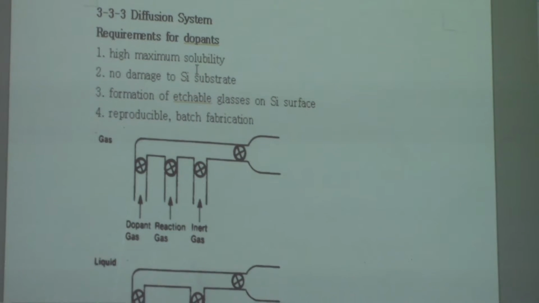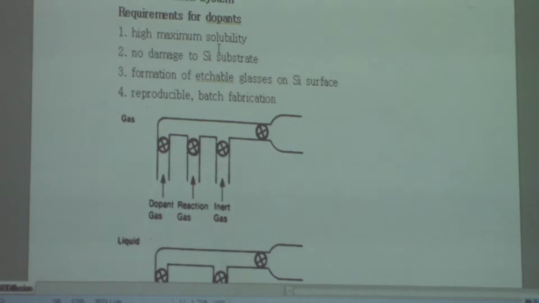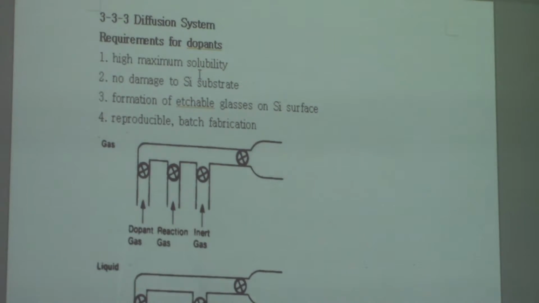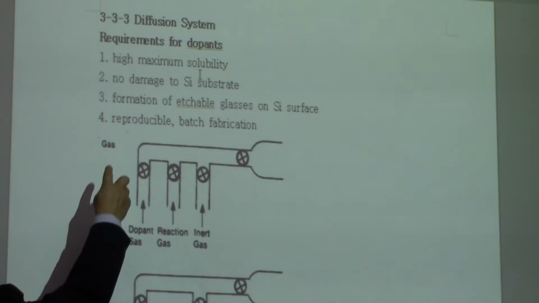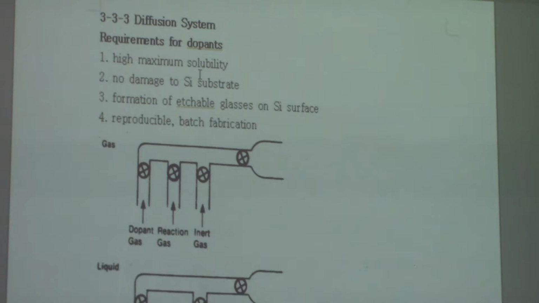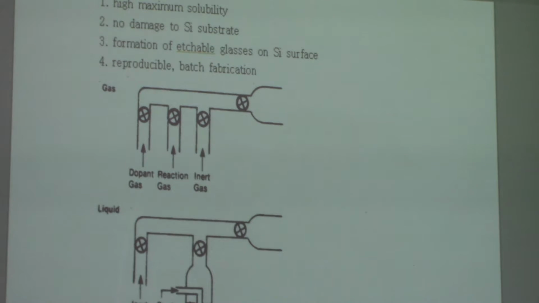So if you mix dopant atoms into the single crystal silicon, and it destroys the crystallinity of the silicon, then it cannot work as dopant atoms. Okay, so no damage should occur during the doping. And the formation of etchable glasses on the silicon surface. This will be discussed a little bit later, shortly. And reproducible, of course, and the batch process should be possible, right?